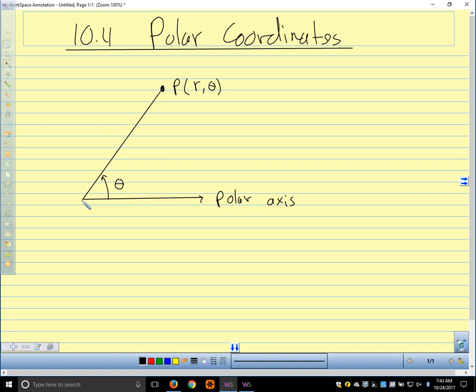This distance from our origin, which we're going to call the pole, is our r. And we'll call the vertical axis, I'll draw that in a dotted line, like so, the pi over 2 axis.